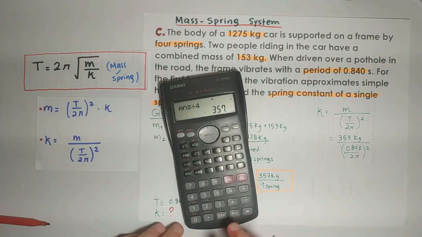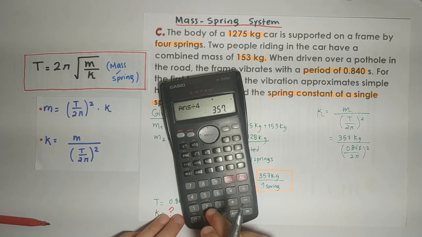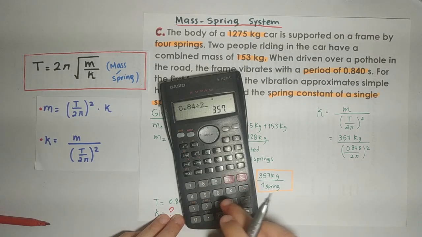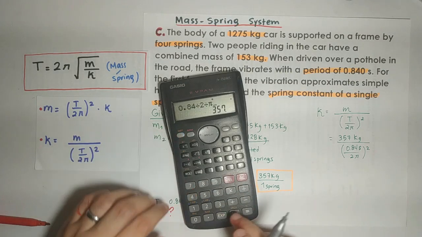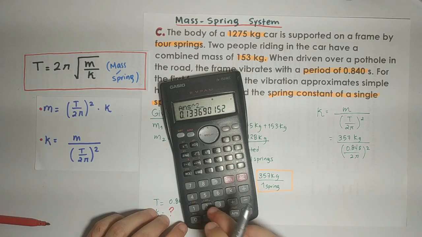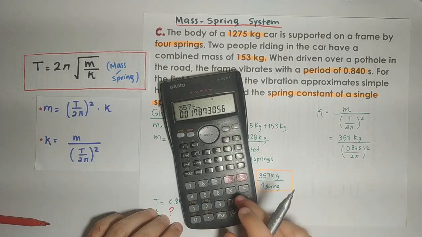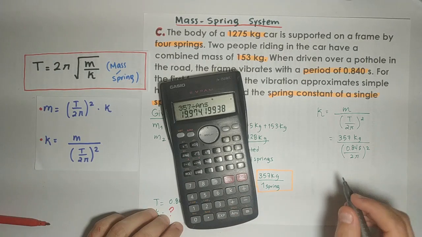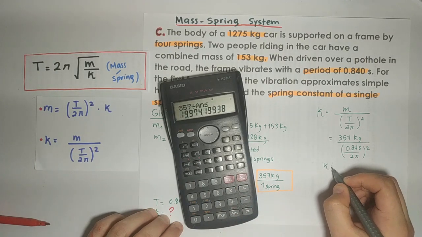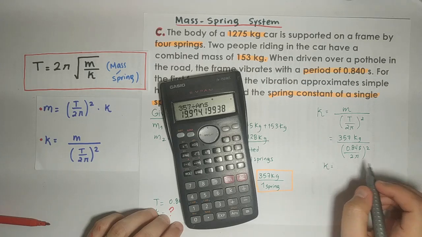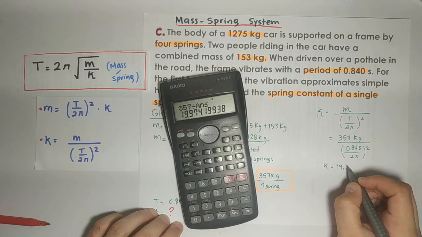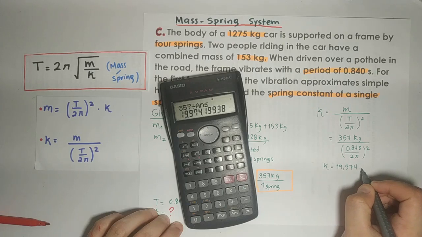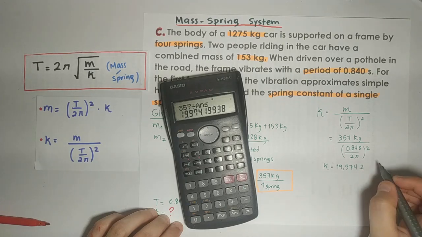So let's see. 0.84 divided by 2 divided by pi, I raise it to the 2nd power, and 357 divided by my answer gives me 19,974.2.